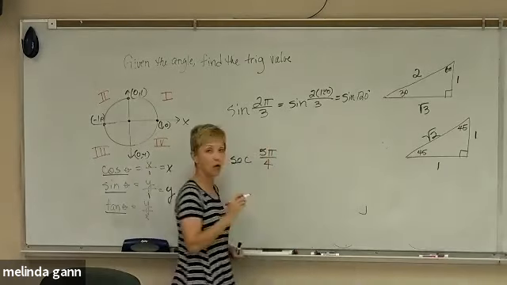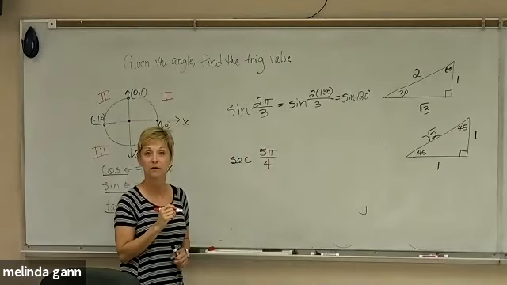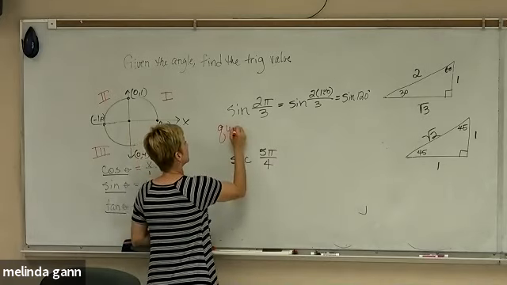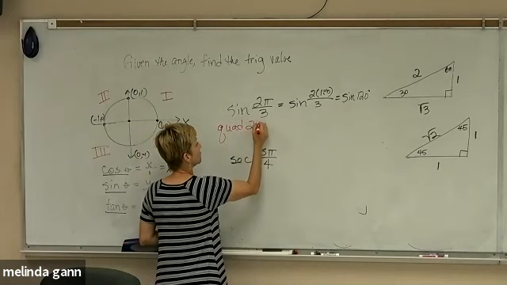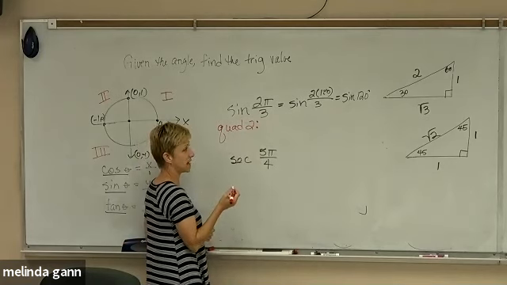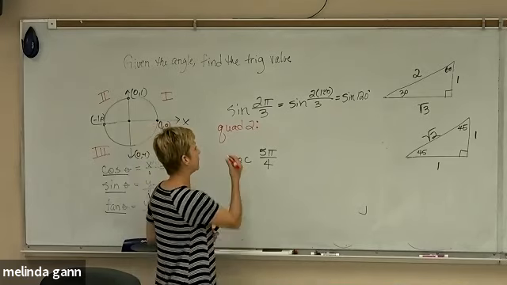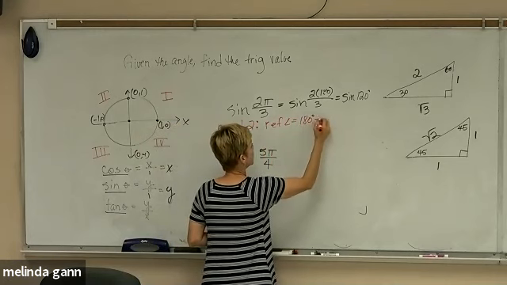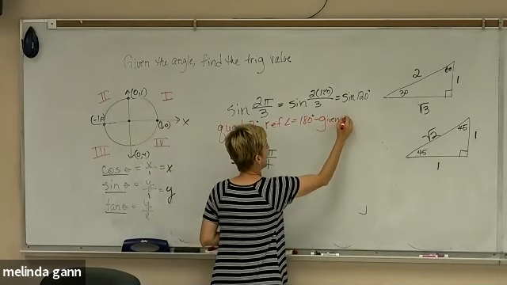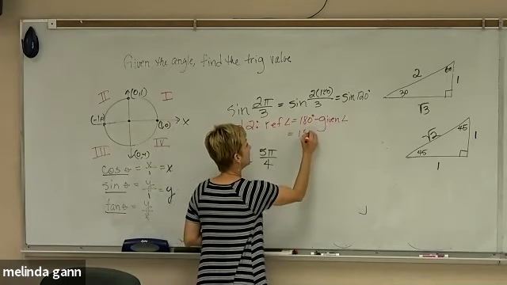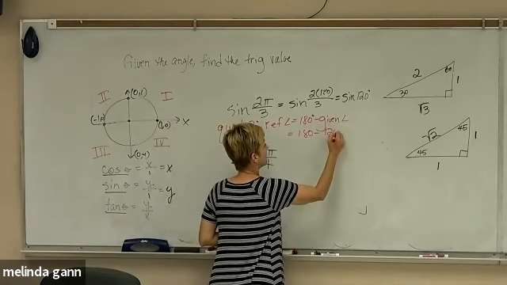120 degrees. What quadrant is 120 degrees in? All right, quadrant 2. Now remember, in quadrant 2, we've got to find our reference angle. Now go back and look at your notes. Your reference angle in quadrant 2 is 180 degrees minus your given angle. Our given angle was 120.